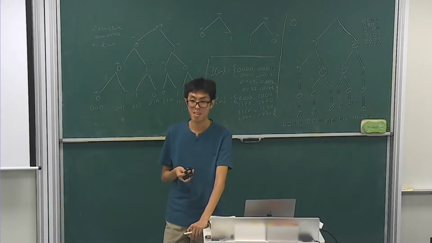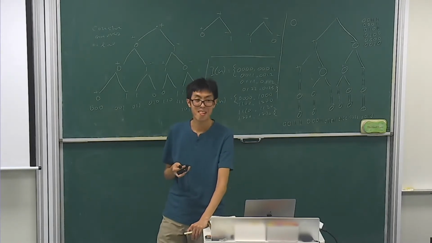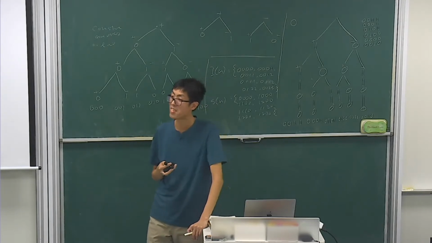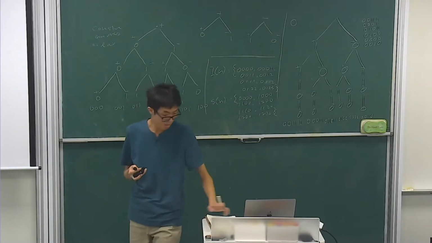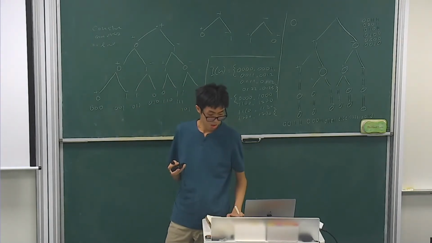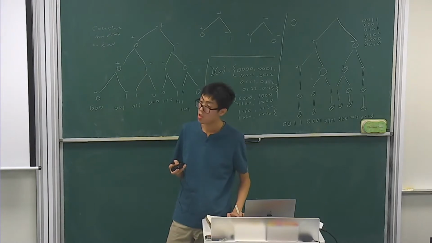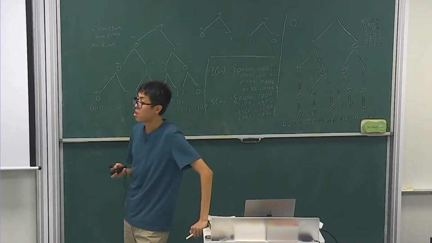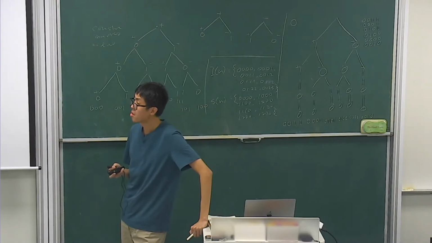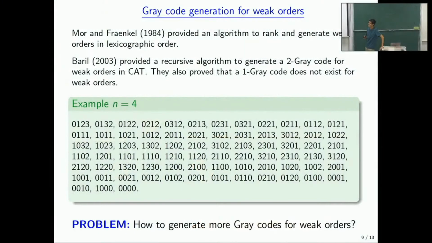Any other questions? For the second problem, the Gray code, if I give you a substring, for instance four numbers, can you generate the next one easily, or do you have to go through everything? That's an interesting question. For this strategy, we cannot do it.